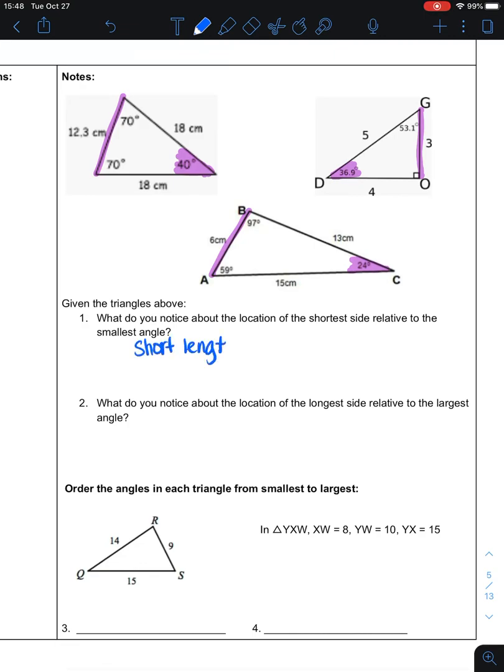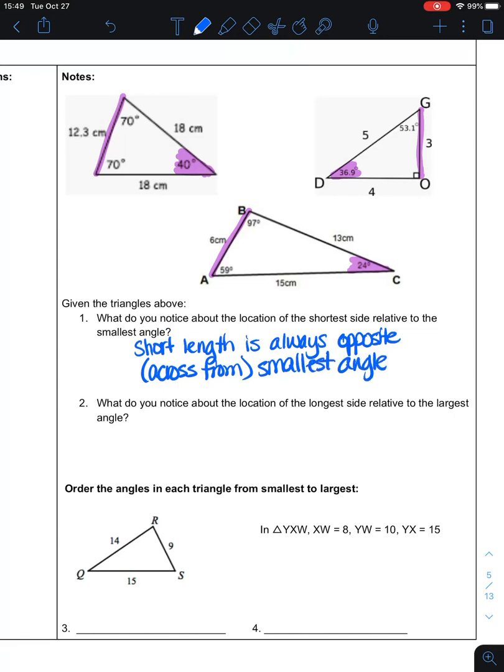So the short side is always opposite, or across from, the smallest angle.